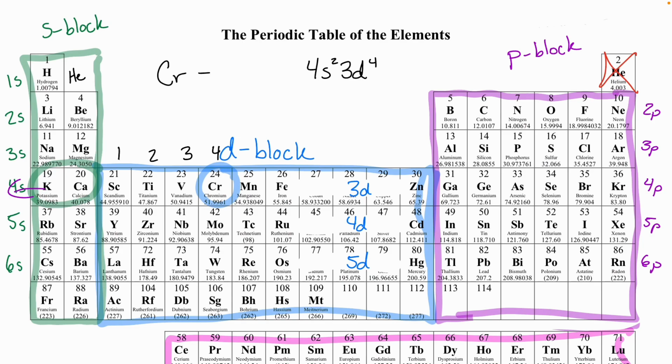I'm going to go back to the next line, this line here, 3p. So 3p6. What's in front of the 3p? The 3s. So 3s2. What's in front of the 3s?